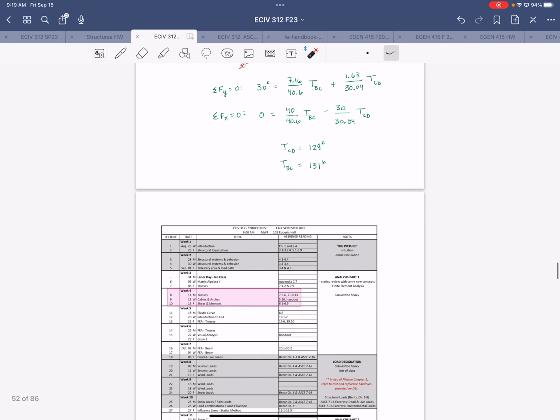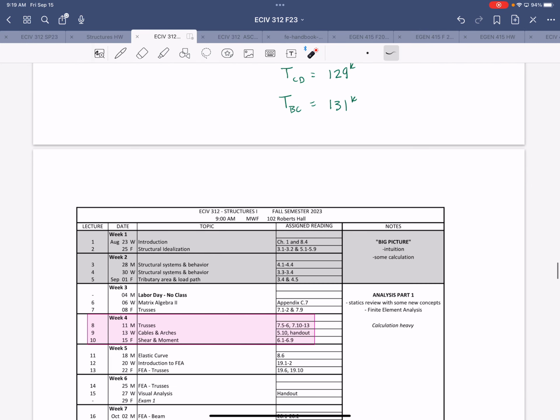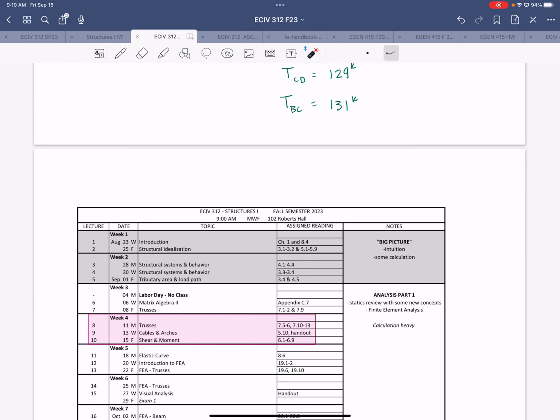All right, so looking ahead, here we got our schedule. Today we're going to start talking about shear and moment, and then next week that lecture continues into elastic curve.